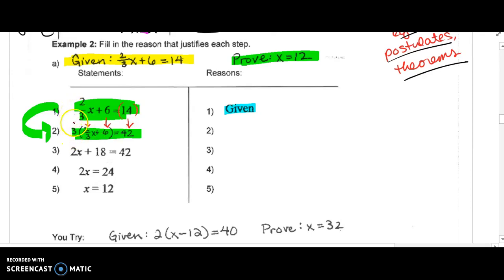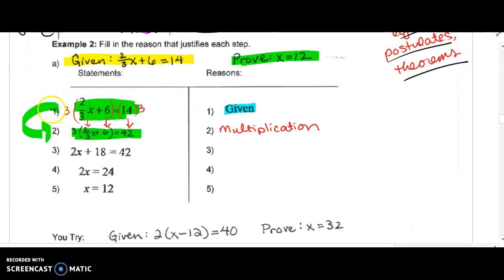And there's this extra 3 out front. So looks like they maybe multiplied, 14 times 3 is 42. Looks like maybe they multiplied both sides of the equation by 3. And so anytime you multiply something times both sides of the equation, you're going to call that the multiplication property of equality. We're just going to write multiplication.